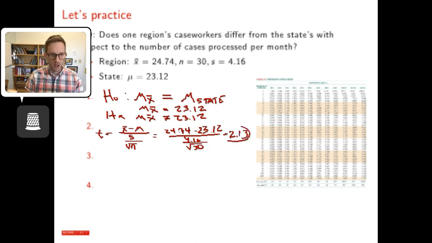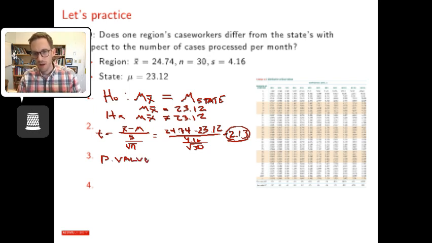Now remember, in number 3, look up the p-value. This is the table that I've copied from your book, or it should look something like this. On that table, I said to assume a significance level of 0.05 for a two-tailed test. So we're going to be right here, 0.05 for a two-tailed test. And the degrees of freedom I need to calculate. If you remember, that's the sample size minus 1.